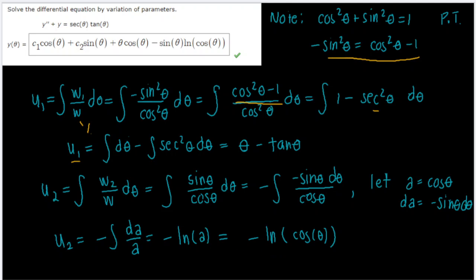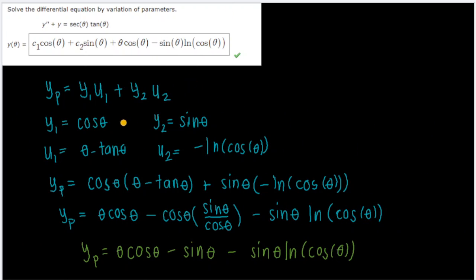Now, we already found our u sub 1 and u sub 2. Let's substitute those values into our particular solution to find our general solution. This is our y1, this is our y2, this is our u1, u2. Substituting those, we have cosine theta times theta minus tan theta, plus sine theta times negative ln cosine of theta.